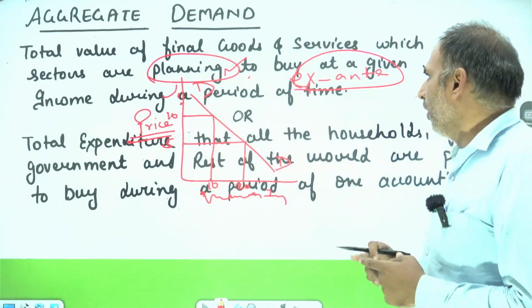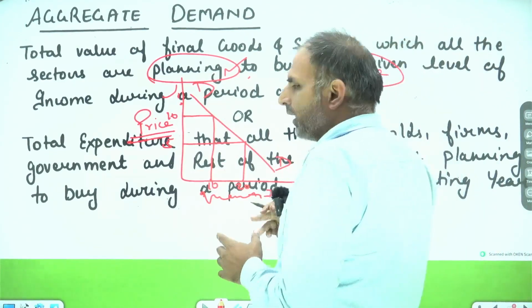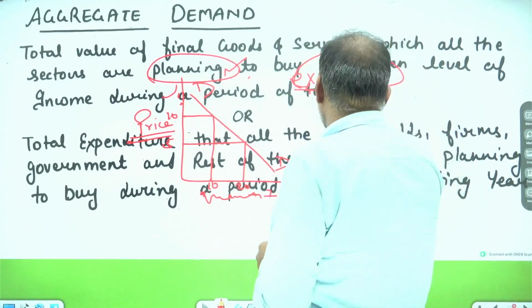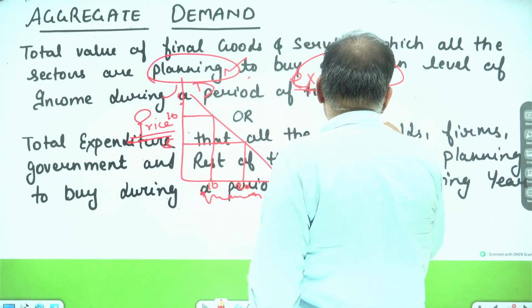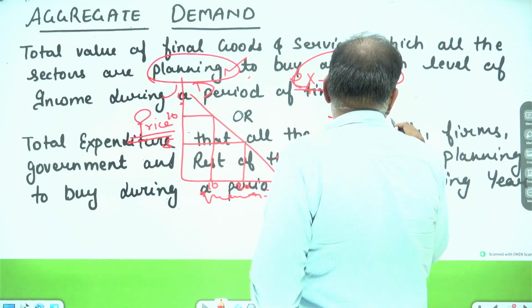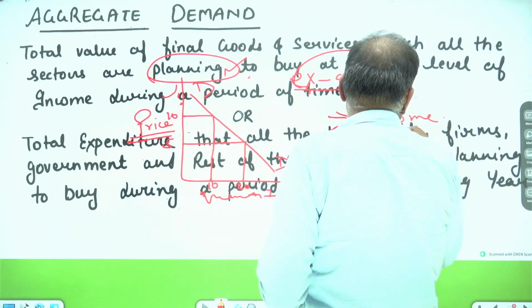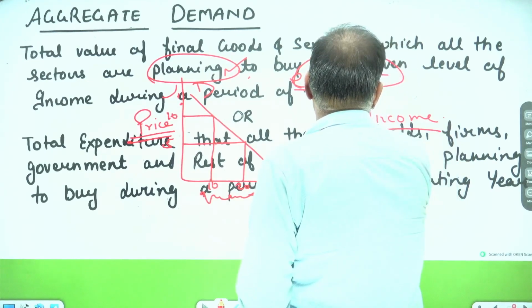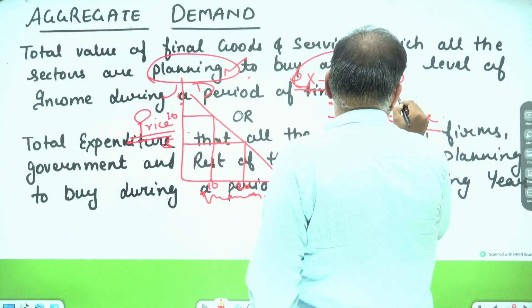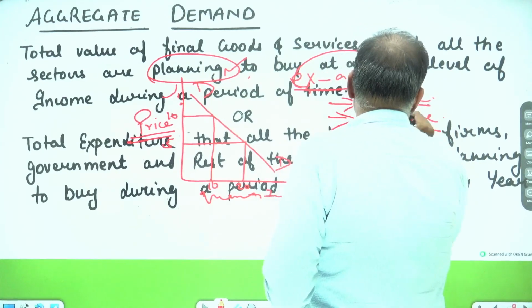That means we calculate the demand in two ways. The first is demand with the level of income, and the second is demand with the level of price.